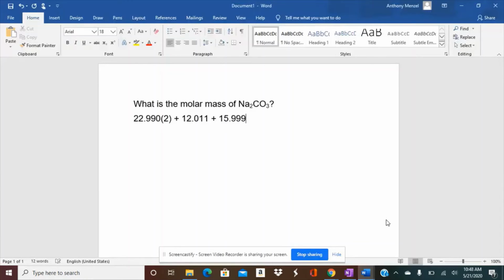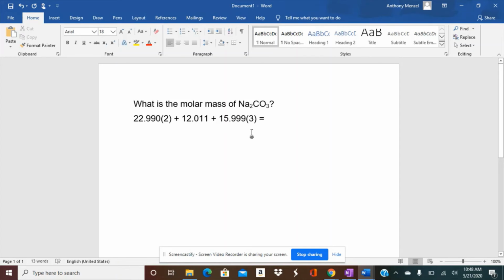And here we see from the subscript next to the oxygen that we have 3 oxygens. So we end up multiplying the 15.999 by 3 because it's the same element, so we multiply.